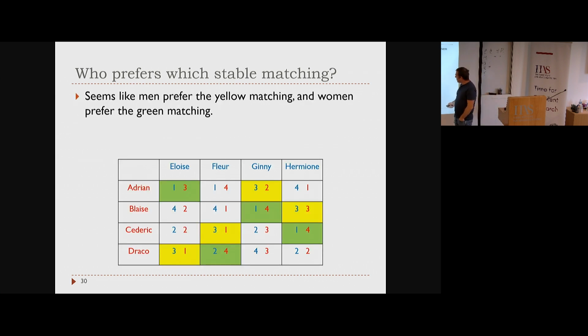Surprisingly, there is another thing that you can see here, and that's not only do the men like the yellow more than the green, but also, that's almost saying the same thing, but also the men like the green less than the yellow. Okay, so it's true that the men like the yellow more than the green, but they also like the green less than the yellow, and that's also not by chance.